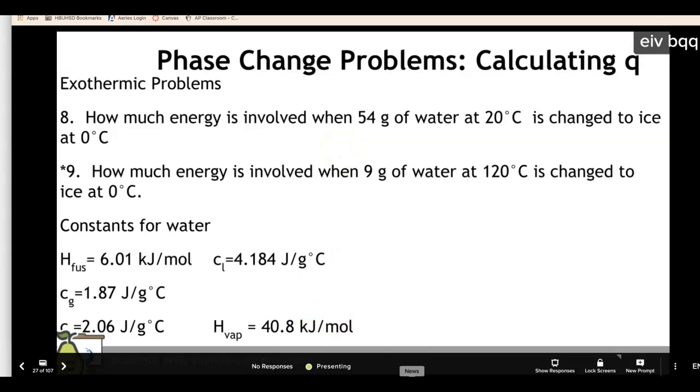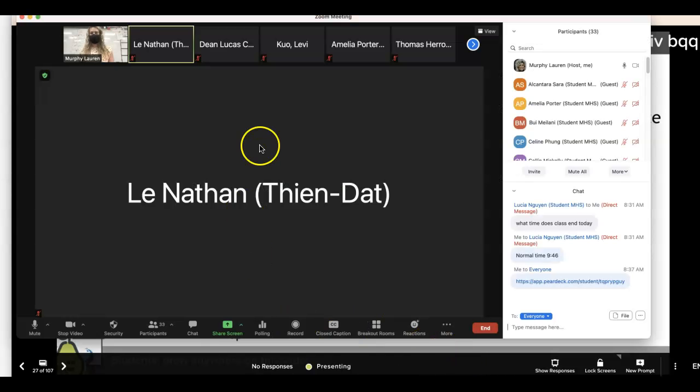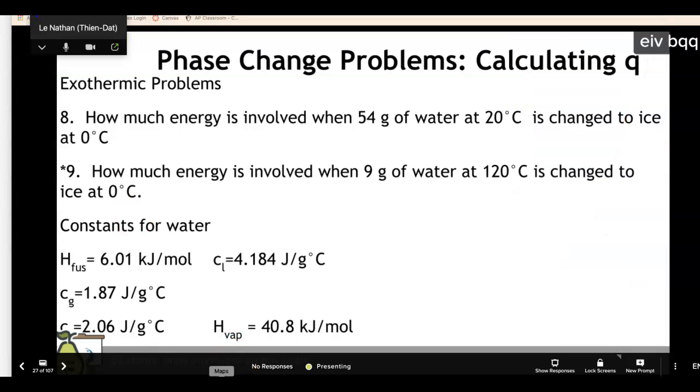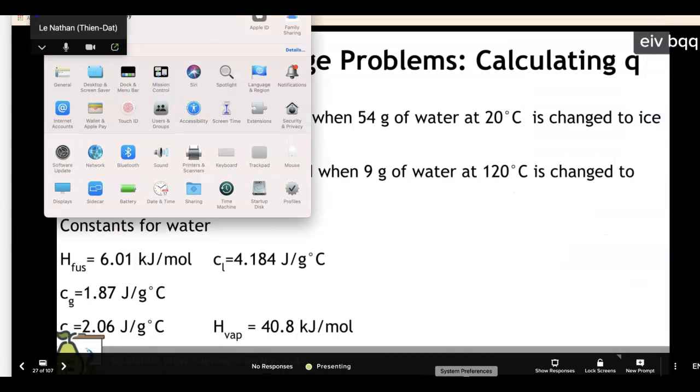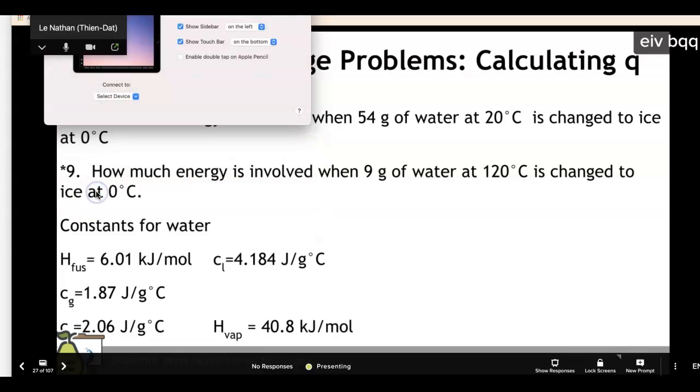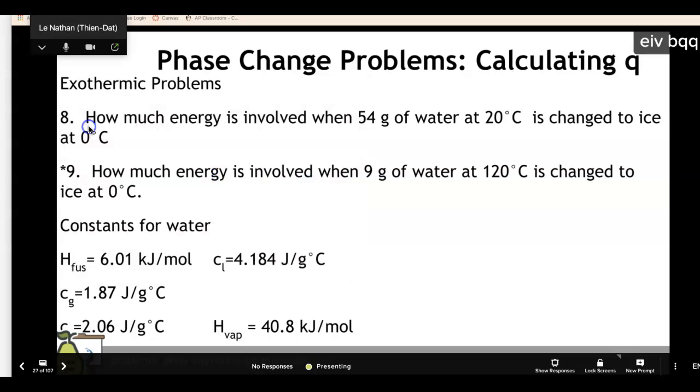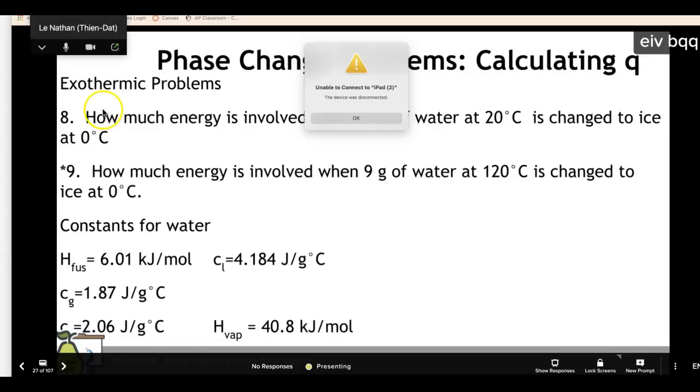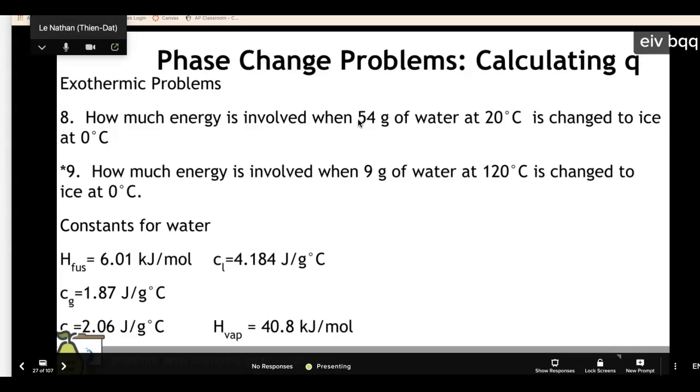It says, how much energy, and for right now, energy is the letter Q. That's our word for energy or heat, all right? Right now, we are only talking about energy in the form of heat, okay? Are there other forms of energy besides heat? Yes, there are, but right now, we're focusing on heat energy.